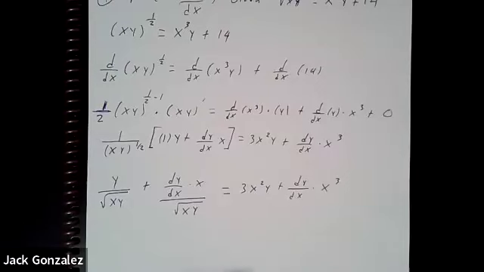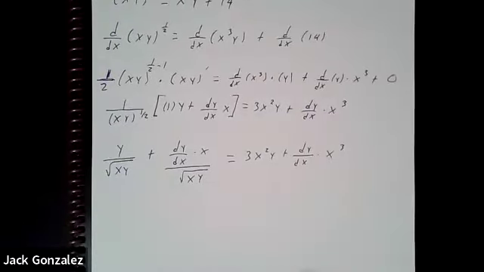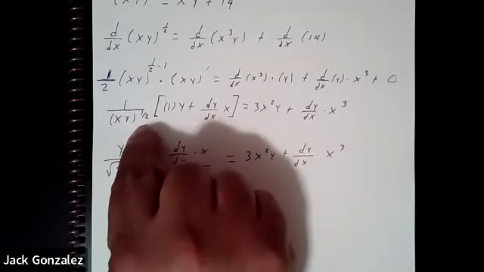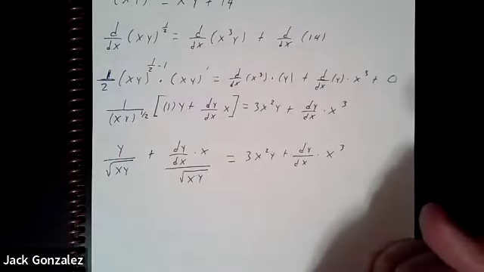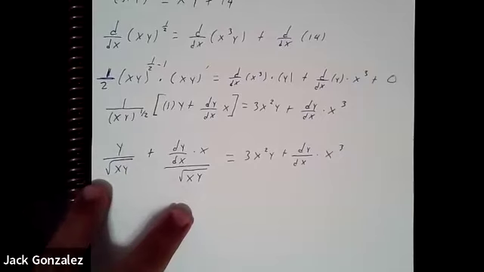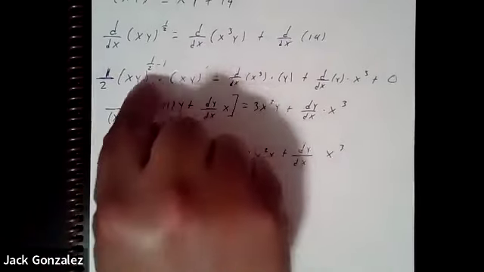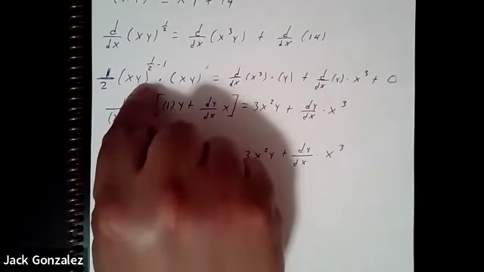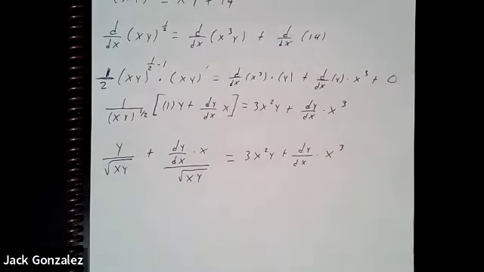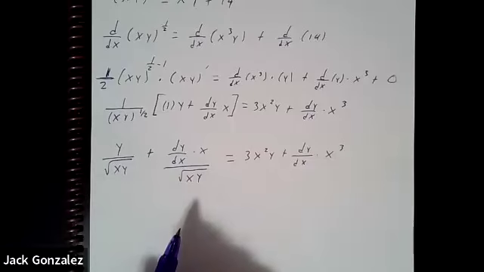It may have looked slightly better if I left it as a negative half. It's just a matter of opinion, really. If you don't like seeing these fractions, I should have left it up here as negative half. But it's all the same. Do you see what I'm saying?